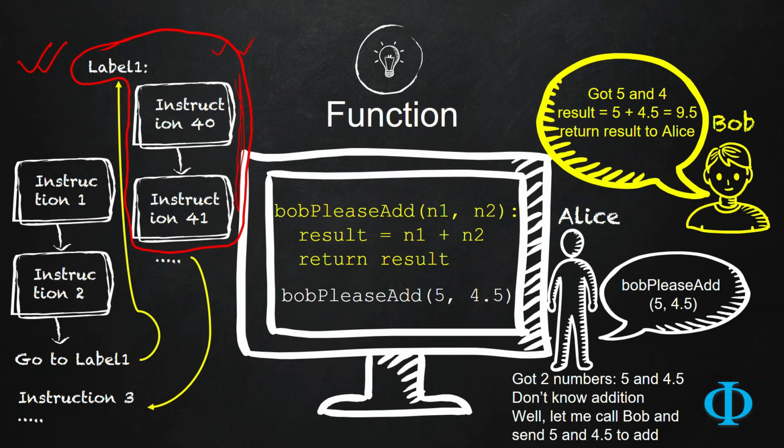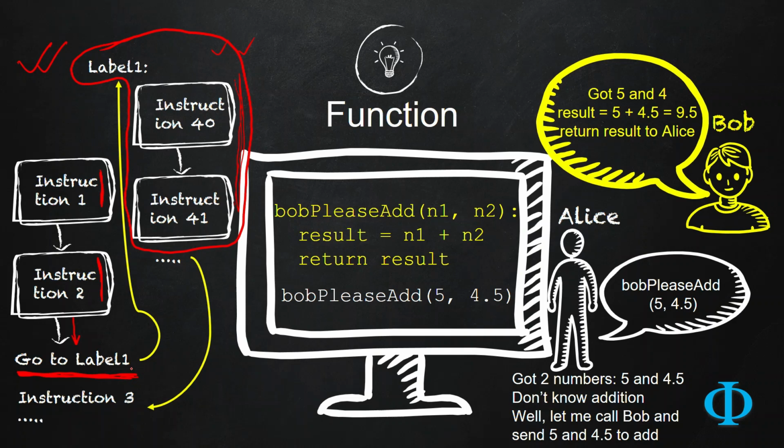Now from any other part of the code, which is depicted using these code blocks like instruction 1 and instruction 2, whenever you need to do that specific task, you can simply call that label 1, or you can just say go to label 1, or normally it is called calling that specific task.